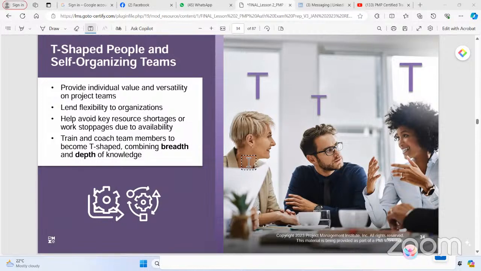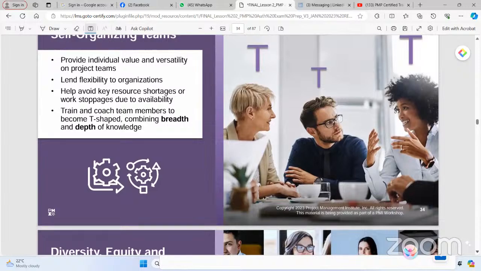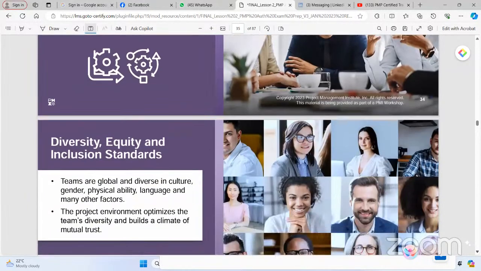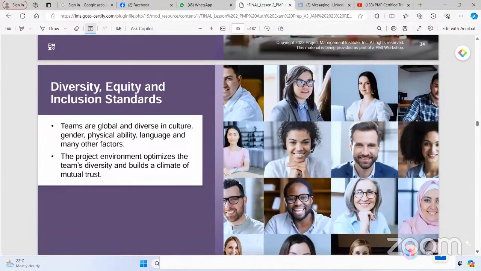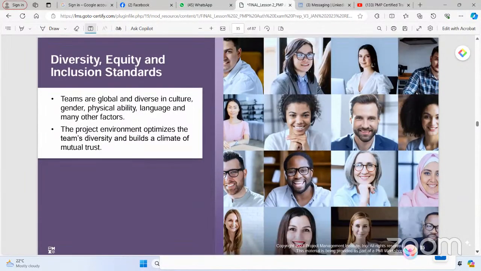And they provide you a lot of flexibility and confidence in your team, because the people not only have a diverse skill set, but you can also depend and rely on them. Now, diversity.